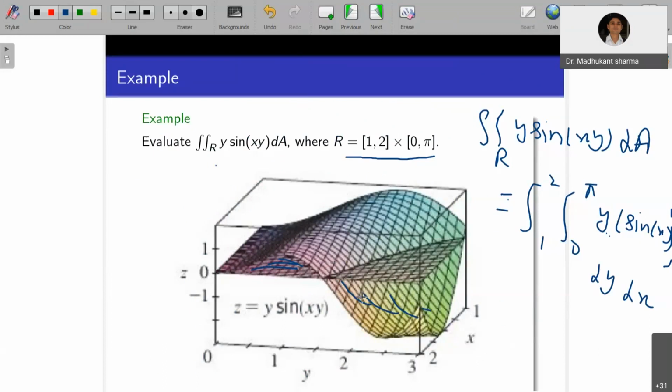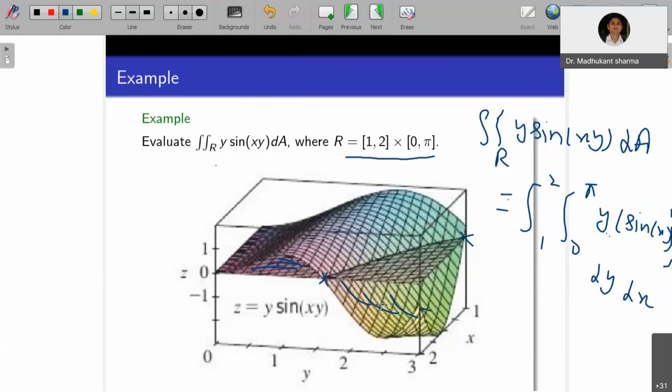If you are specifically interested in the volume, you have to be careful where it starts taking negative values. You have to break it there, and the rest you measure with the magnitude.